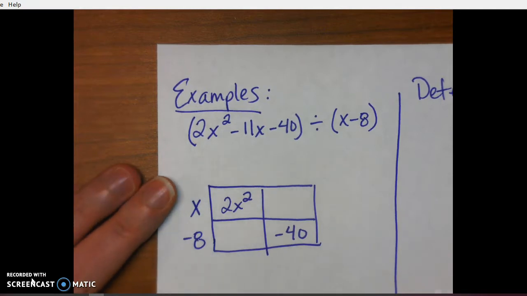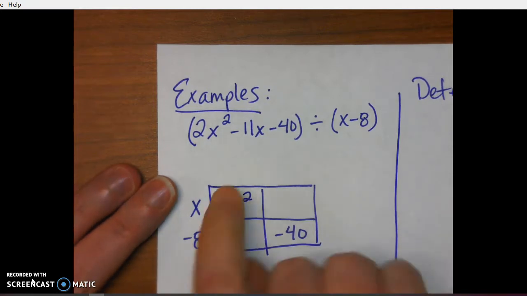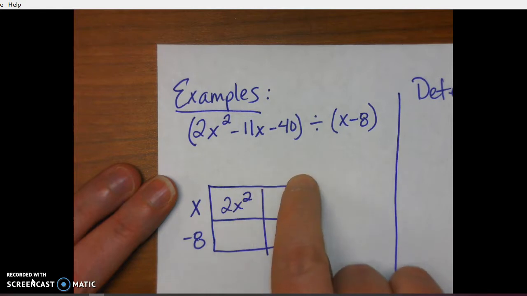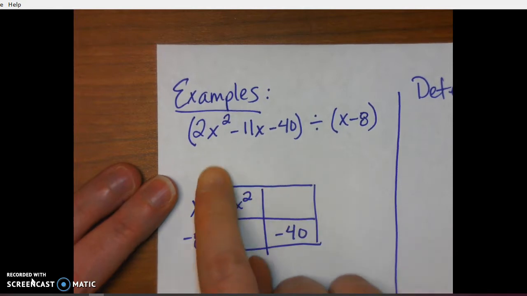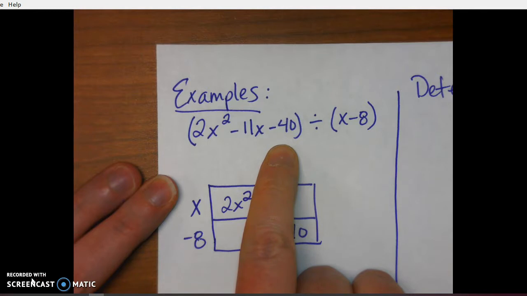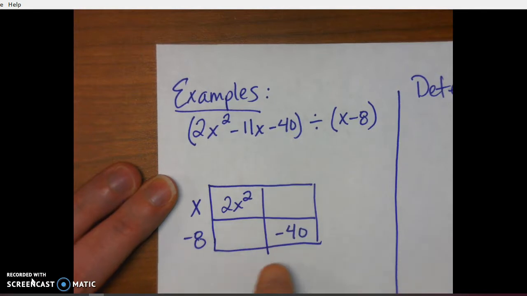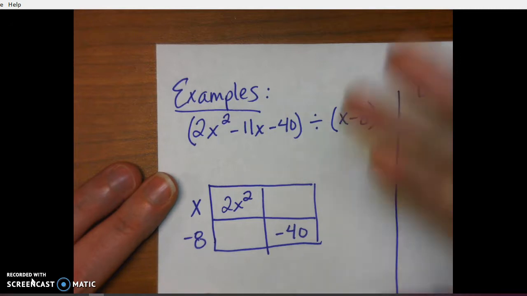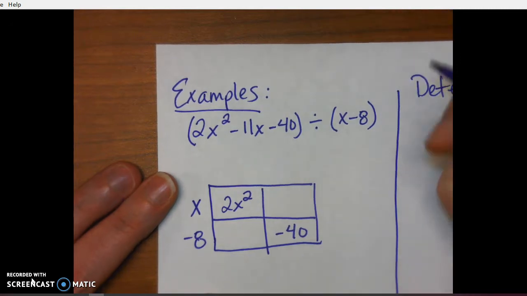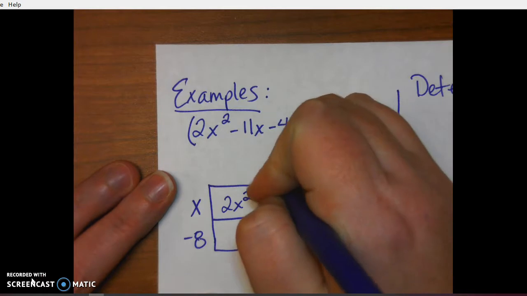I can start working backwards to figure out what my binomial is going to be that got me this lovely answer. So I can look here and say, negative 8 times what gives me negative 40? Well, hopefully you remember from 3rd or 4th grade that that answer is positive 5.